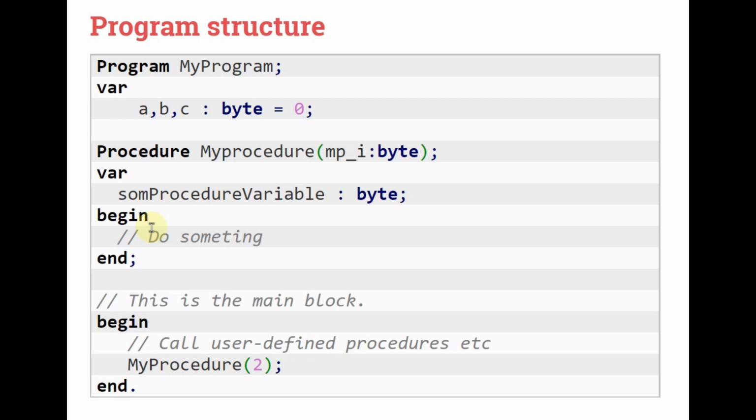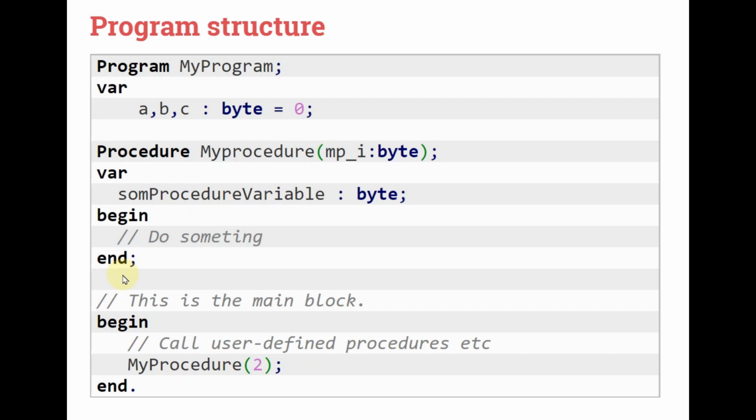Then a procedure has a begin and an end. You put your code between the begin and the end, and the end has to have a semicolon. It goes to the next.